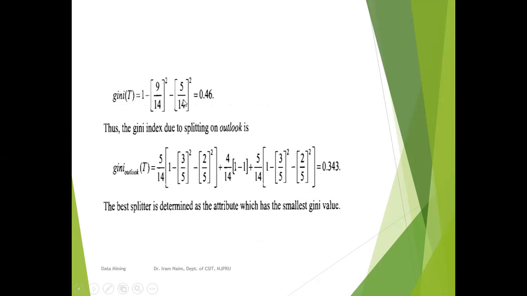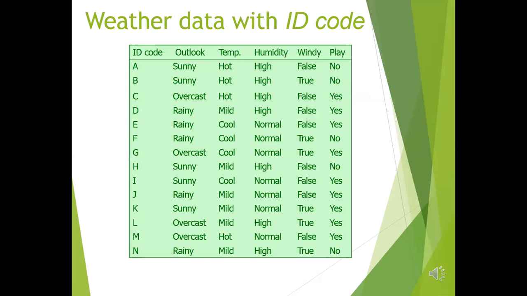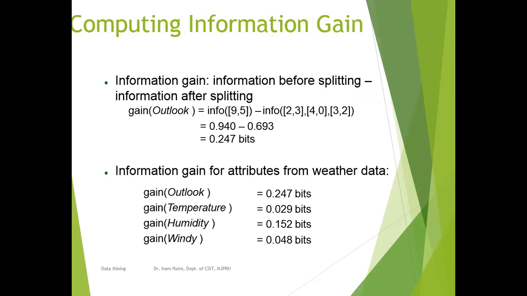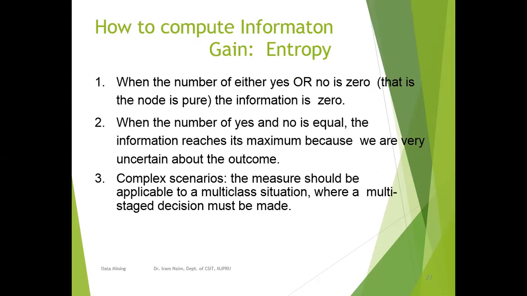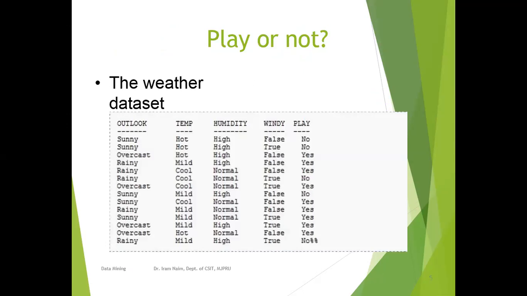Let's see the example here. Suppose we have a total of 14 rows in the training set, and this is the very same example as before. The training set is given here. This is the weather data set.